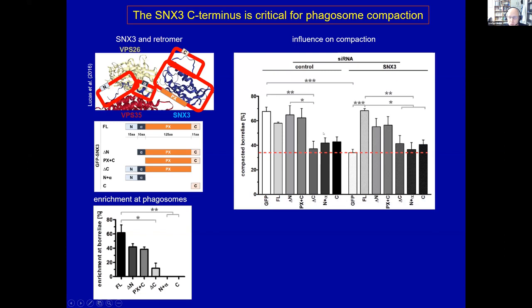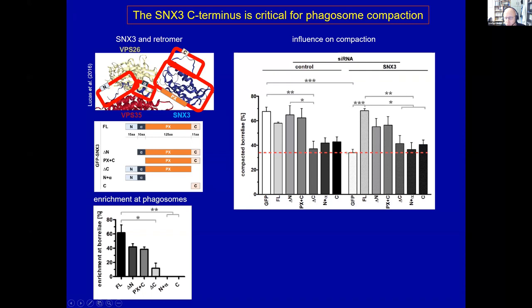And this again, it looks complicated, but actually it's quite easy, although quite labor intensive, I have to say. Let's concentrate here on the right. This is the compaction assay that I've shown you before in cells that have been depleted by siRNA for SNCS3 and re-expressing siRNA insensitive constructs.